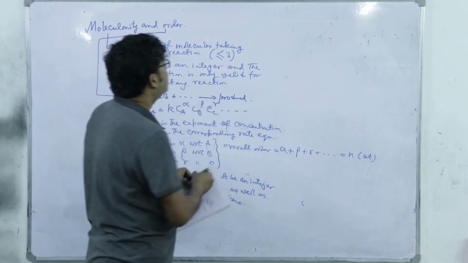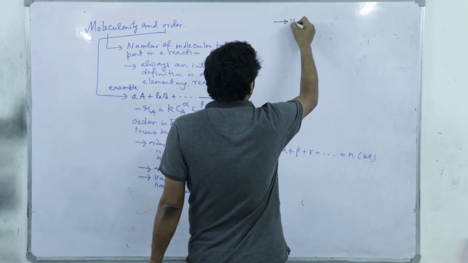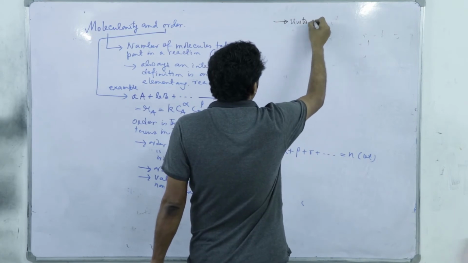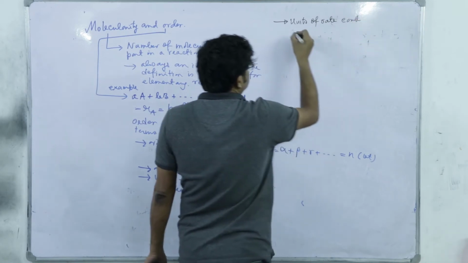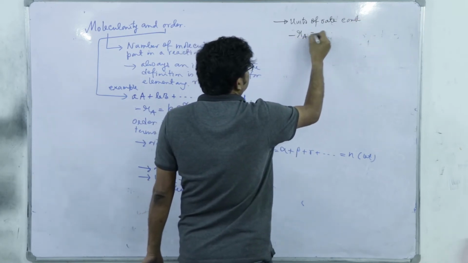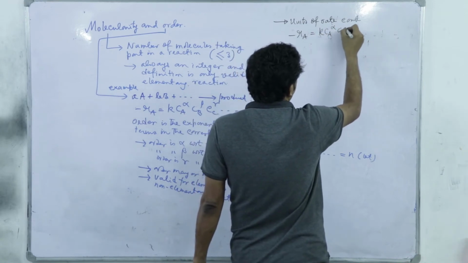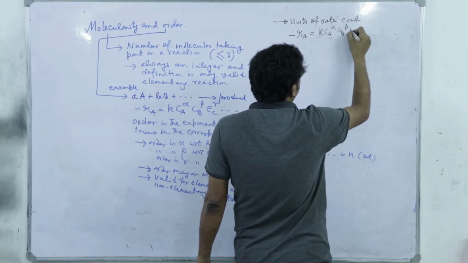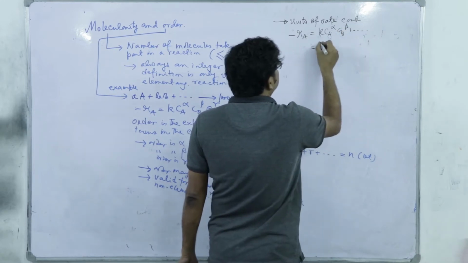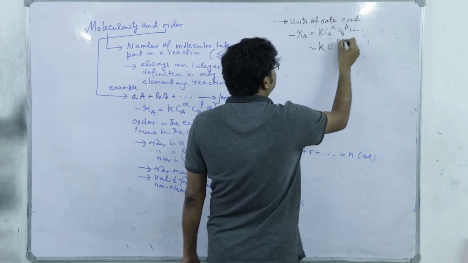Next, we will specifically focus on the units of rate constant. Let us say this is k, just the previous example. So, it is k into C to the power n.